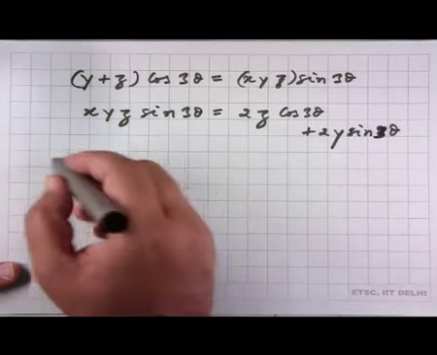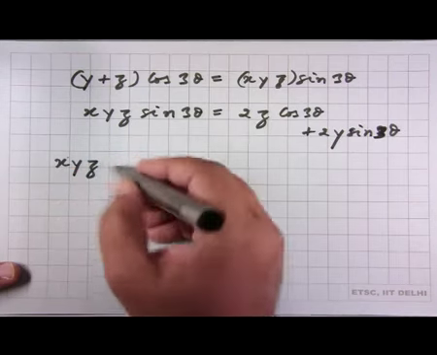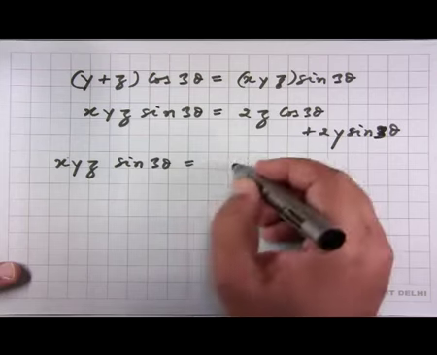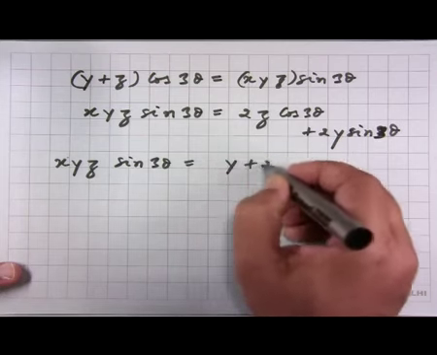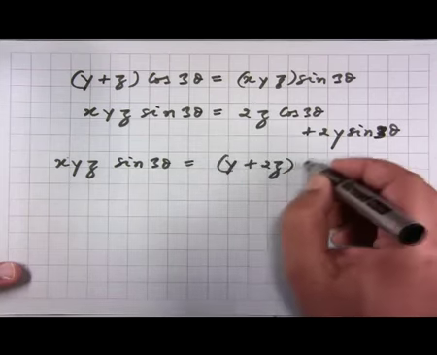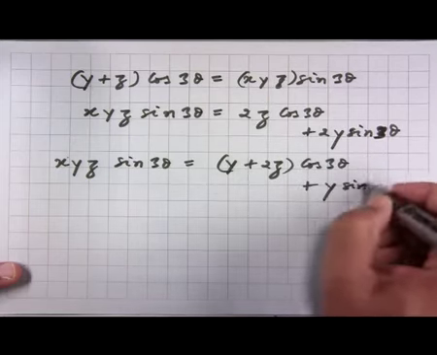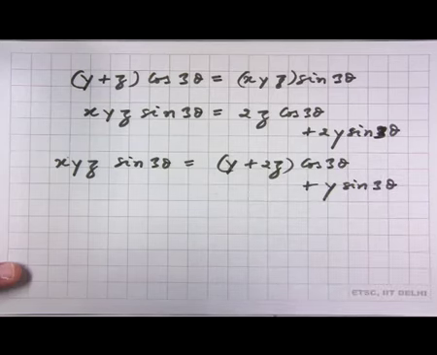And then of course, we have the last equation, which is x y z into sine 3 theta equals y plus 2z times cos 3 theta plus y times sine 3 theta.